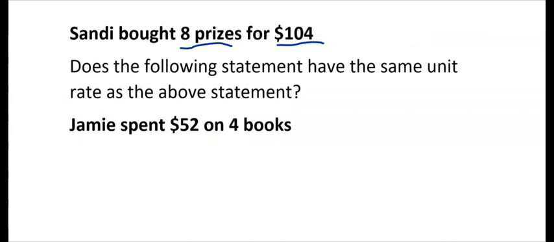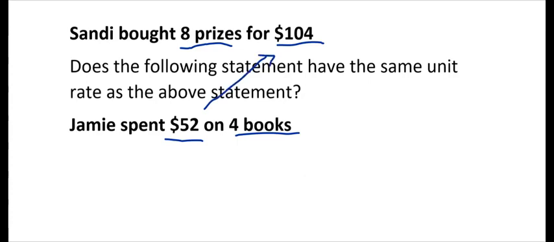All right, the next example, it says Sandy bought 8 prizes for $104. So it's asking, does the following statement have the same unit rate as the above statement? All right, so we're going to compare it to the $52 and 4 books. Okay, well, let's compare the money first. Well, that's interesting between these two.